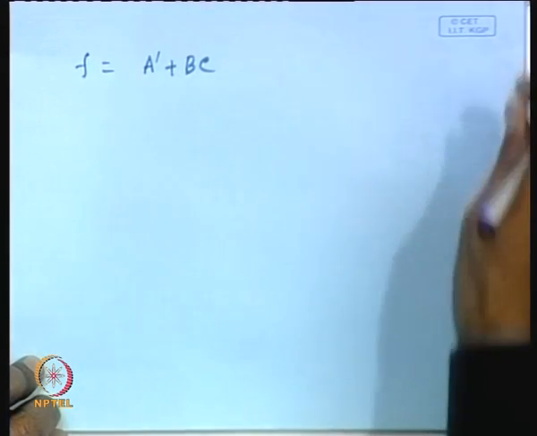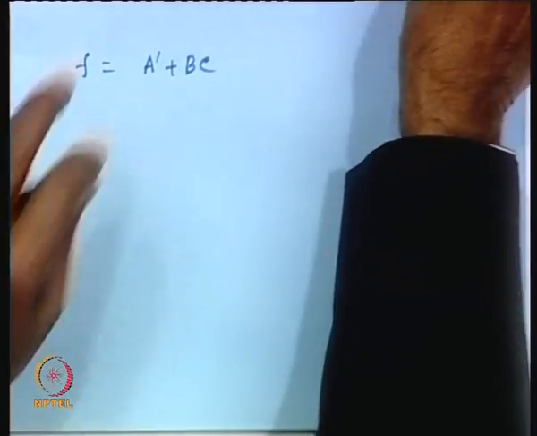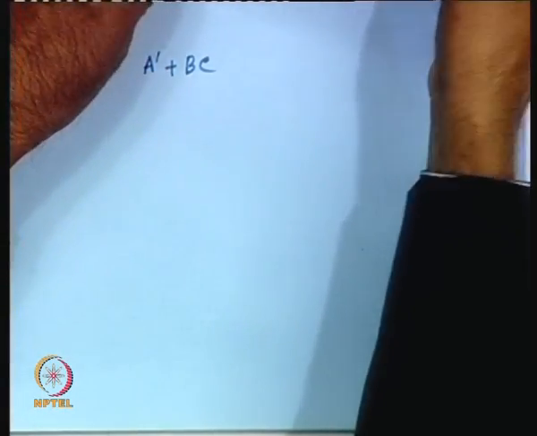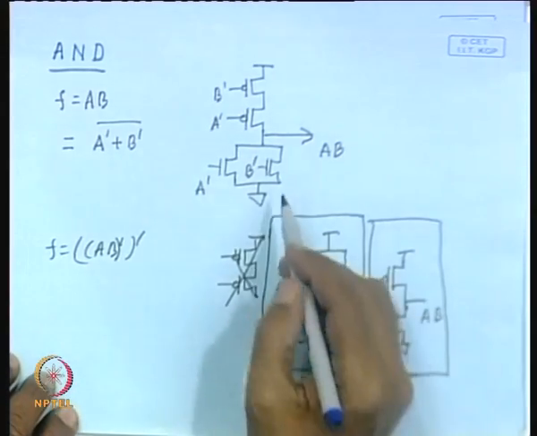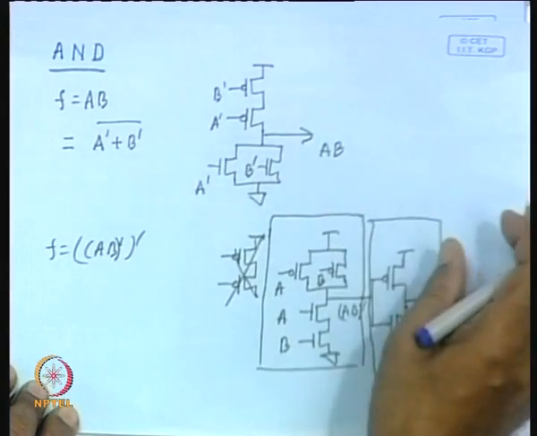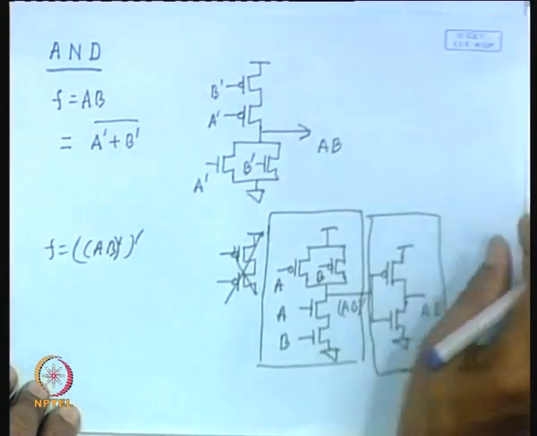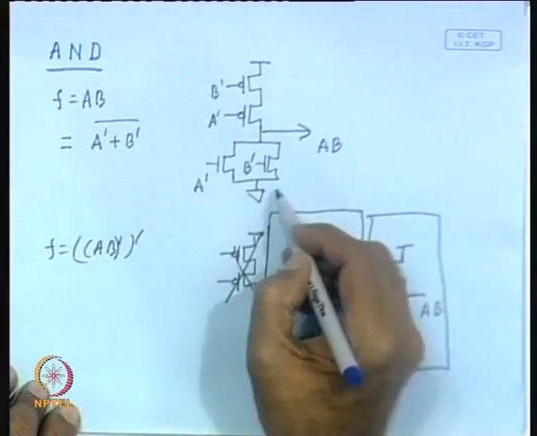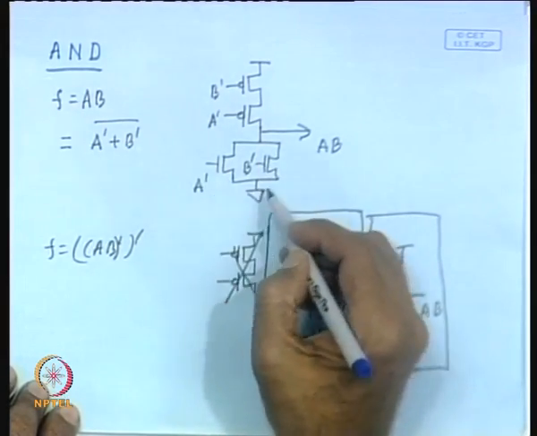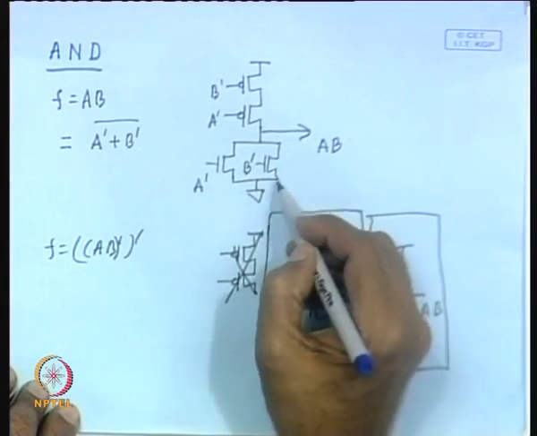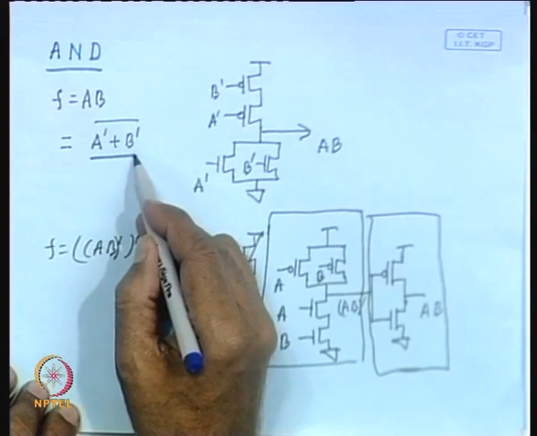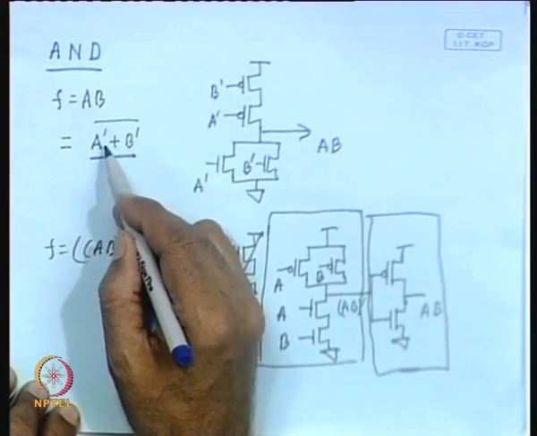So, let us consider what this part of the circuit does. This part of the circuit realizes the complement network, a dash plus b bar.